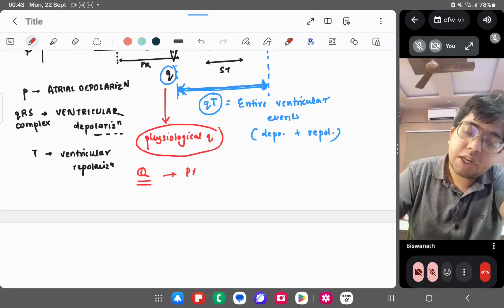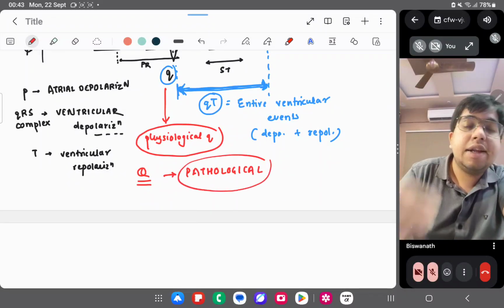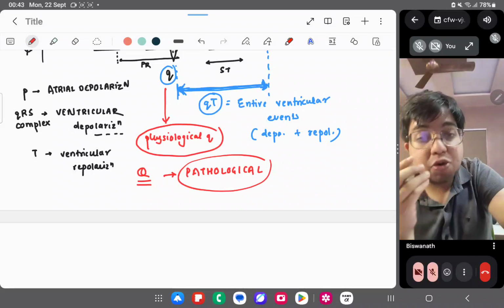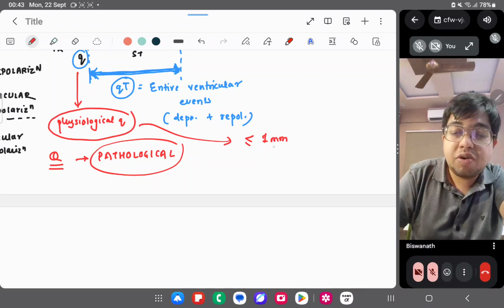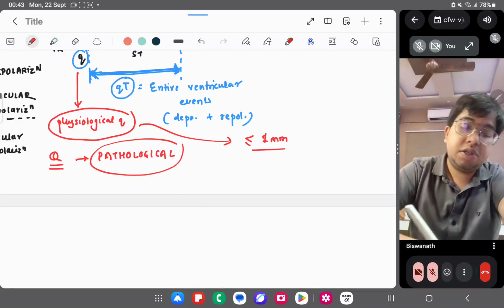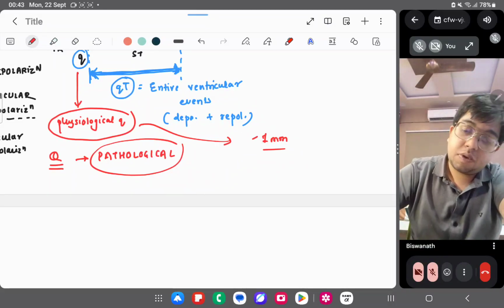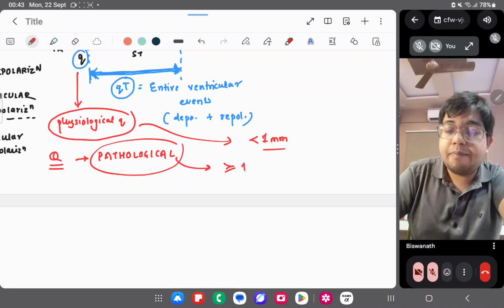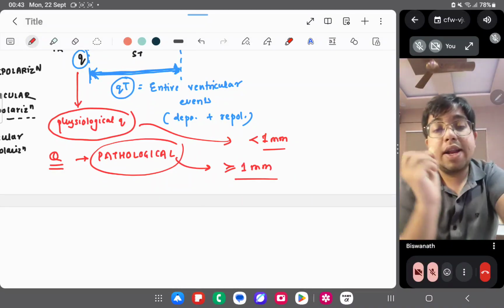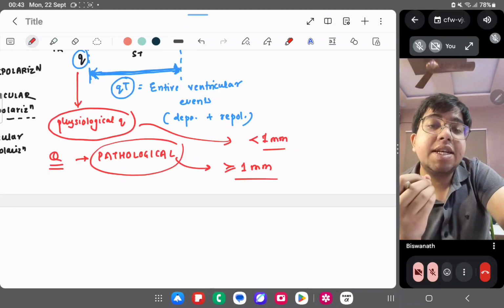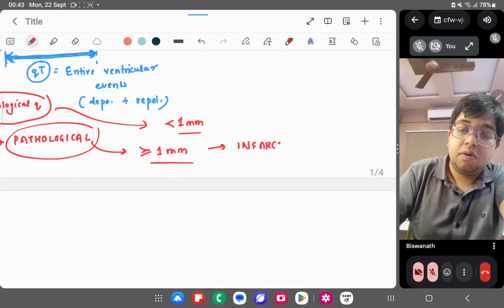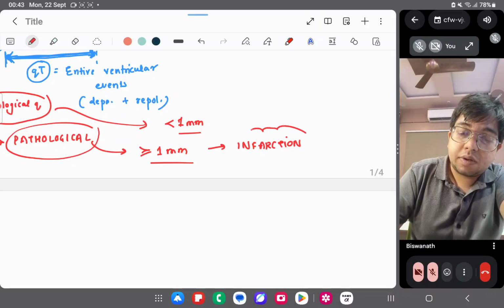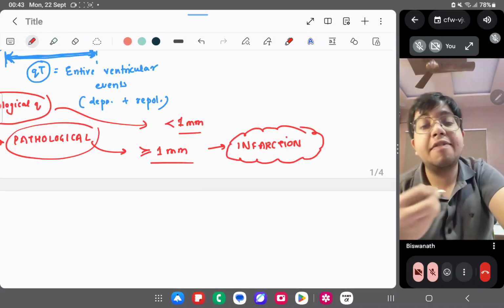This Q is a pathological Q. The physiological Q is less than 1 mm in amplitude, but the pathological Q has an amplitude of more than 1 mm, and it represents the area of infarct.